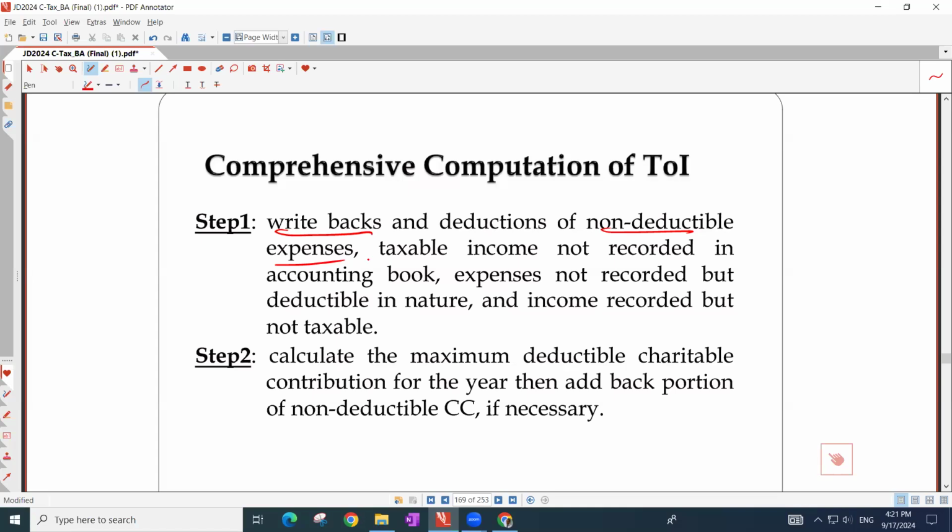So what happens with the accounting depreciation then? What do we need to do?